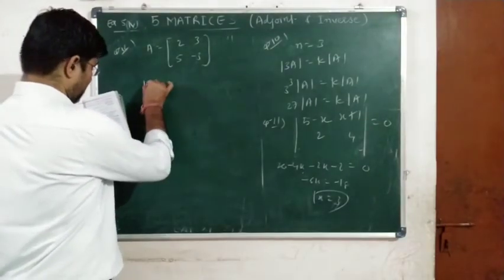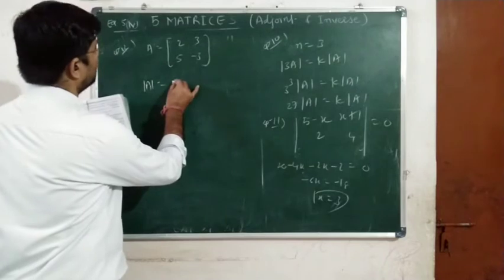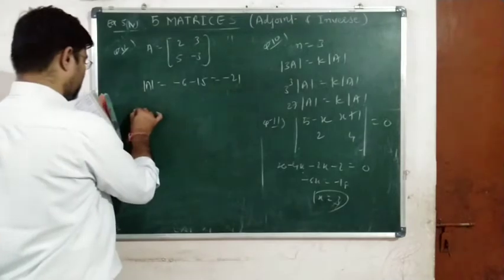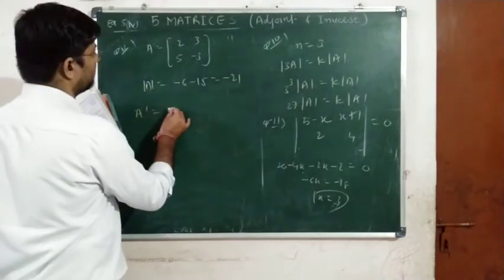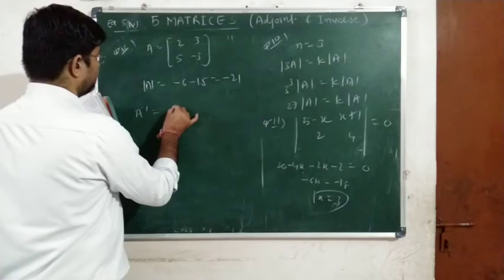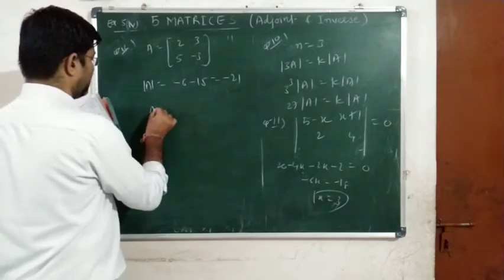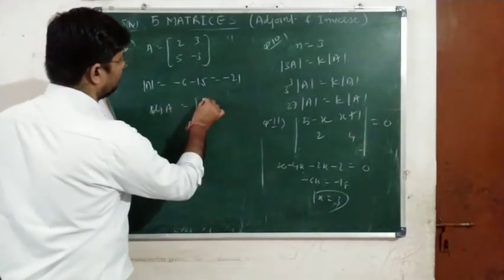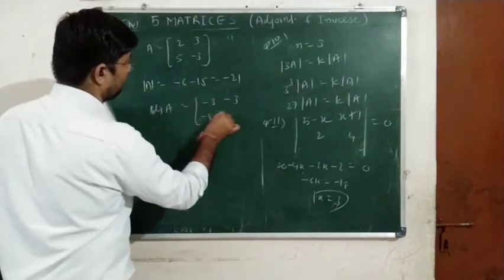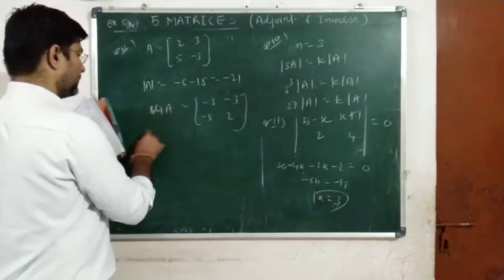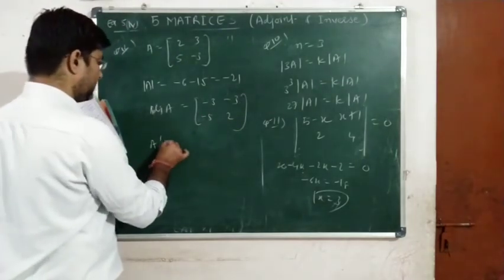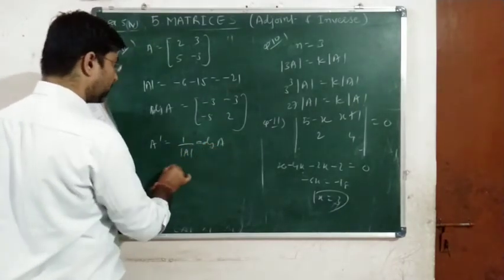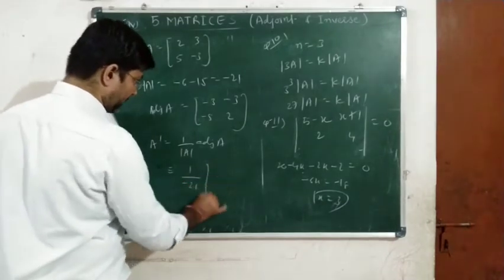So here determinant of A will be minus 6 minus 15, that is minus 21, and A inverse is equal to, okay, let us find out adjoint. Adjoint of A will be minus 3. So A inverse is equal to 1 upon determinant of A into adjoint of A, minus 21.